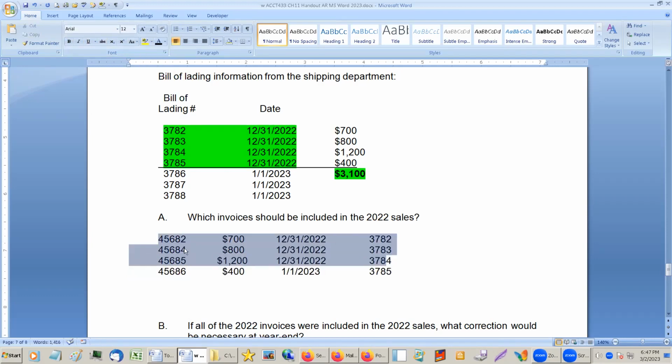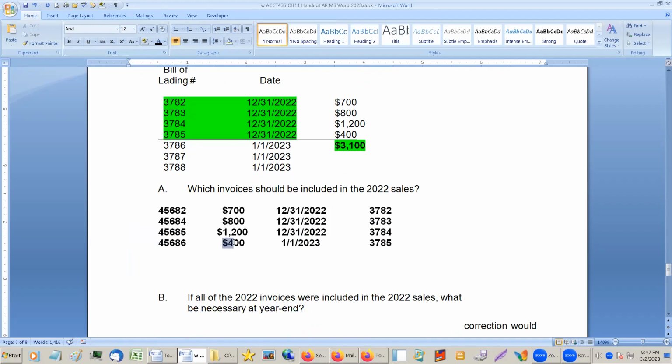So these are the invoices they should have had. And yeah, those add up to 3,100 here. Okay. Should have just done it here. They're doing it twice.